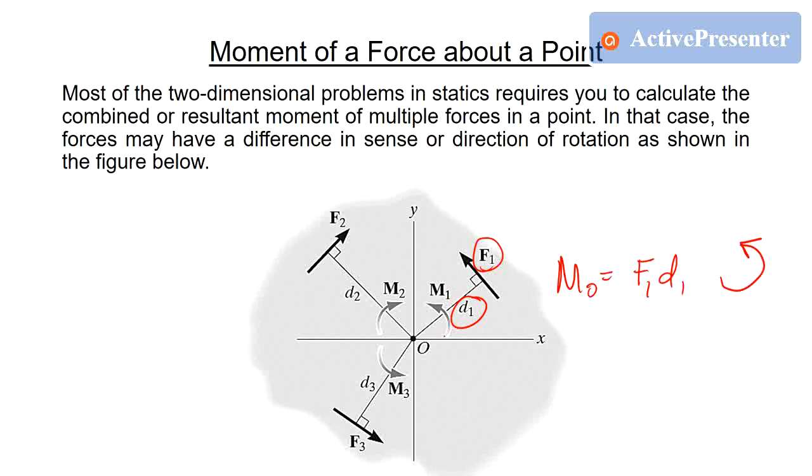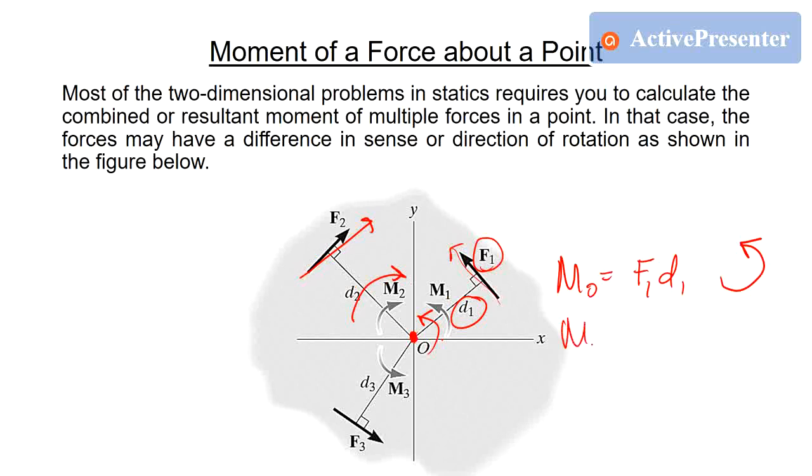Because F1 is going in this direction, and if you check it from this point, its effect is like this. For F2, you have a different direction. So the effect of F2 about point O is in this direction.